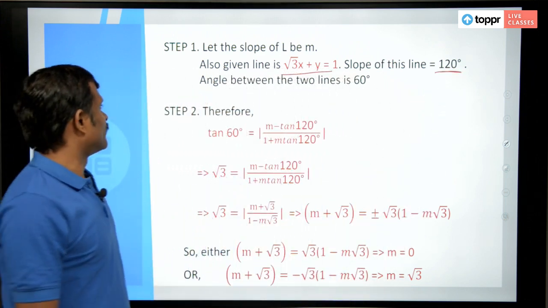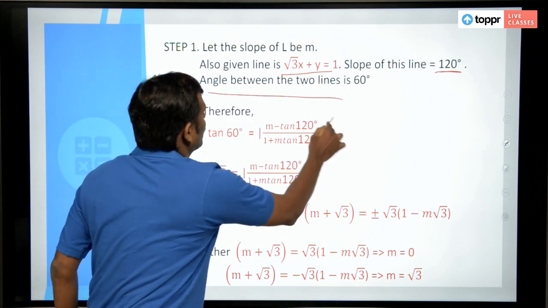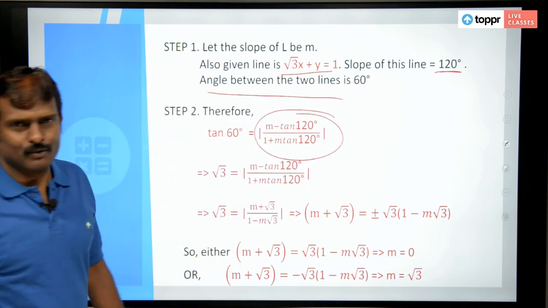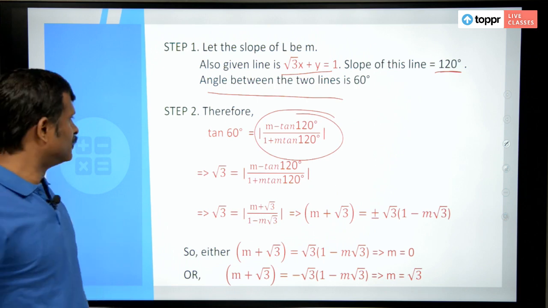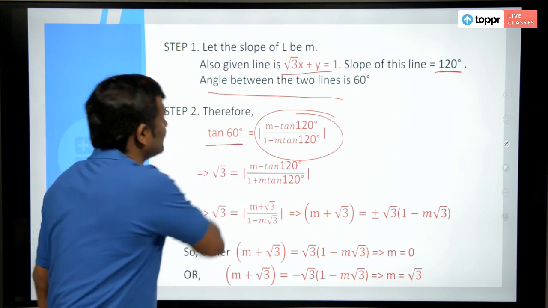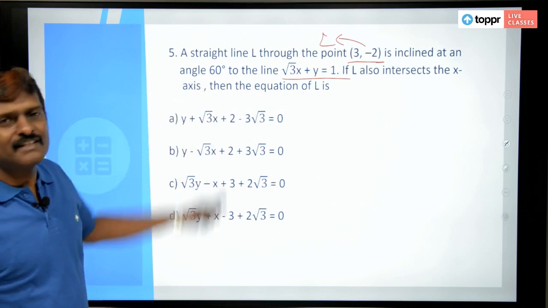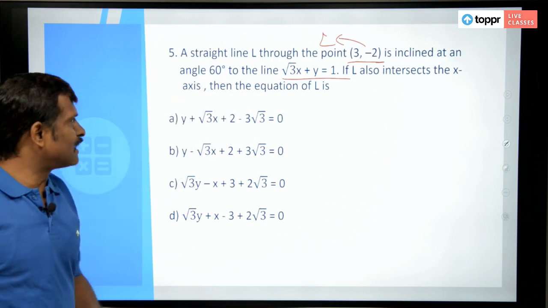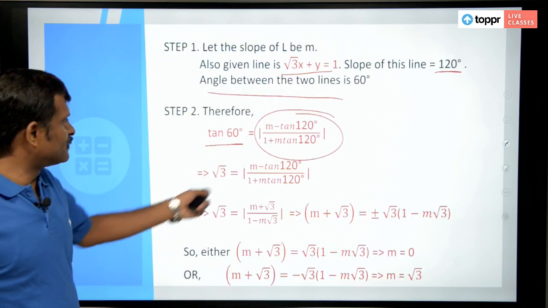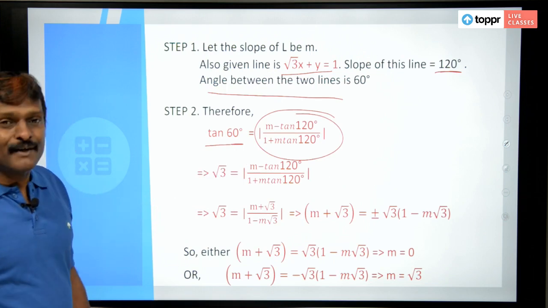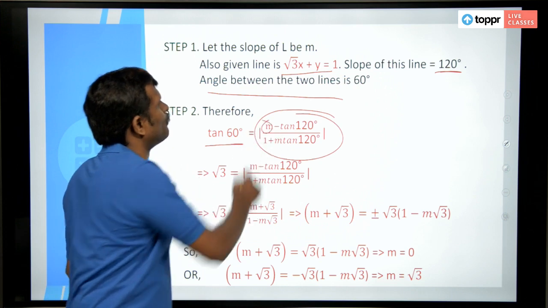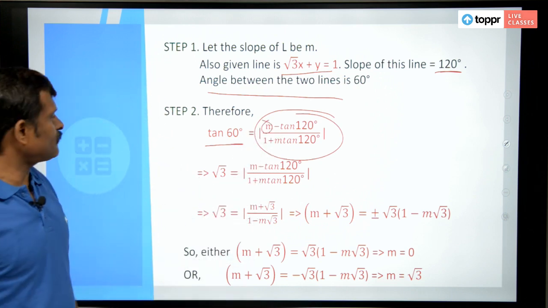So, we will take the angle between the two lines formula, slope 1 minus slope 2 by 1 plus slope 1 into slope 2, which is nothing but tan 60, because those two are inclined at 60 degrees. So, tan 60 is equal to m minus tan 120 by 1 plus m into tan 120, where m is the slope of our line L, right.